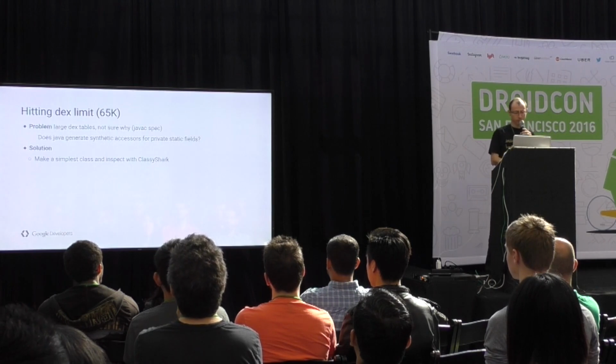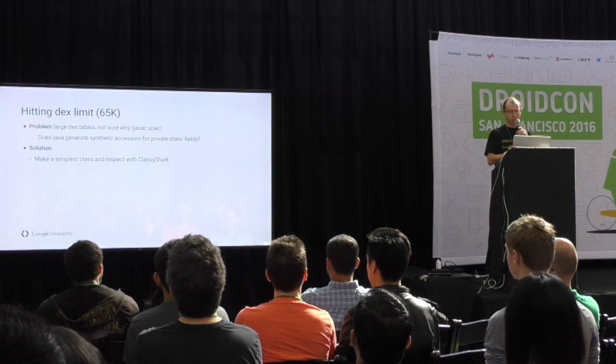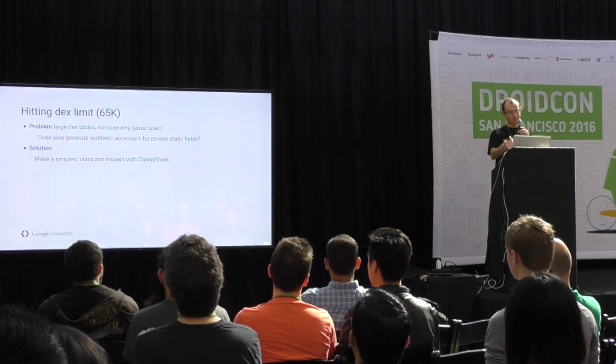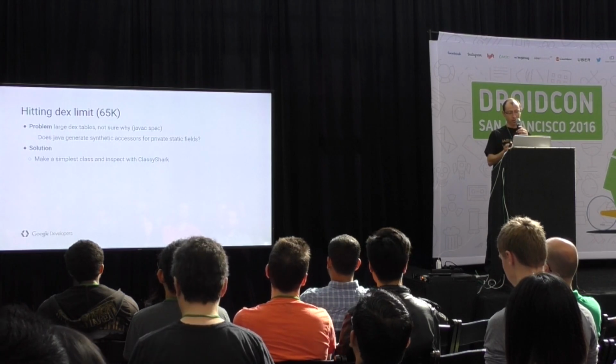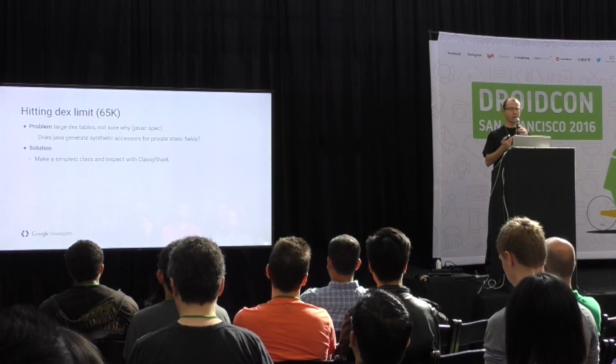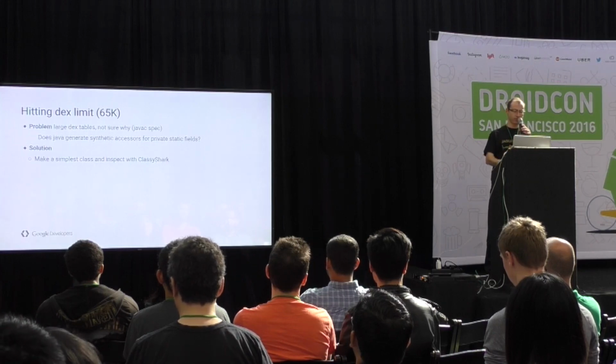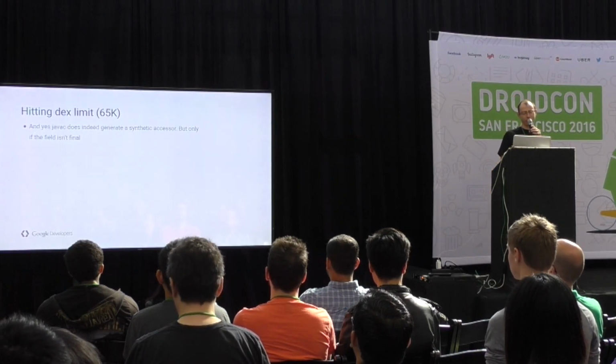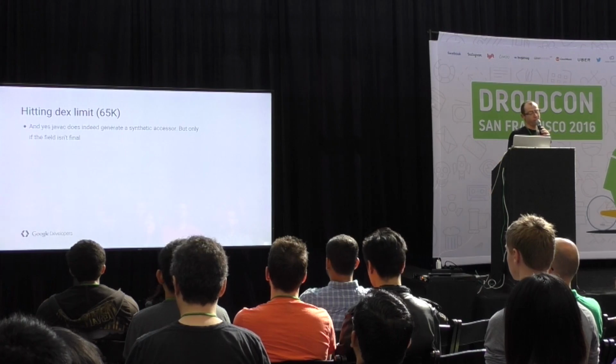What is the solution for stuff that you are not sure how it will behave? Make a simple class and inspect it with ClassyShark. And then you understand better what javac generates and how it causes or changes your method limit. And yes, javac does indeed generate a synthetic accessor, but only if the field isn't final.